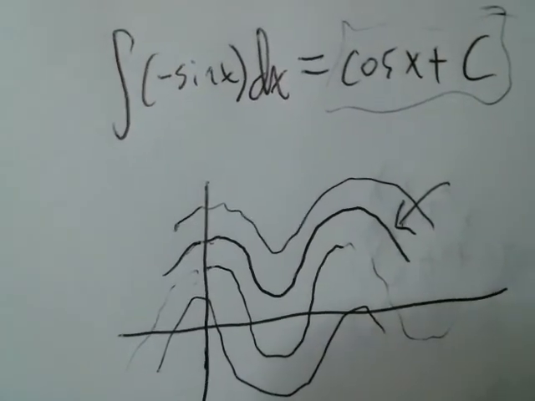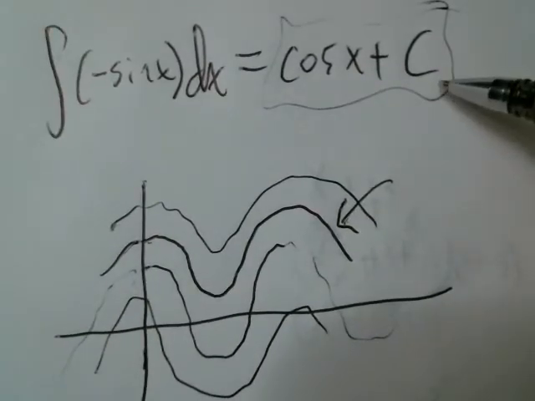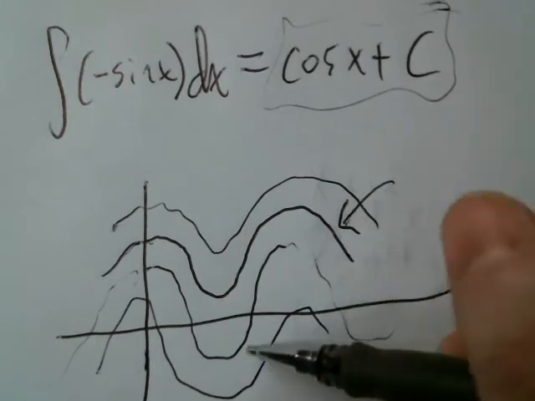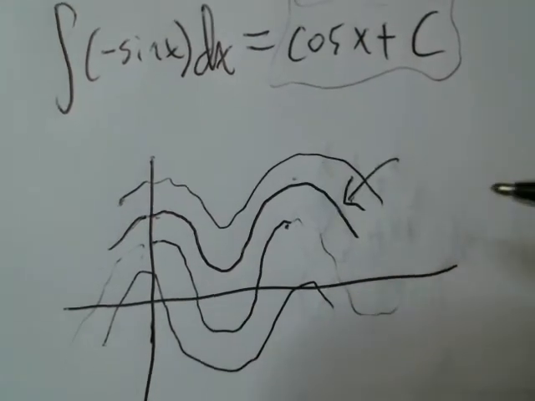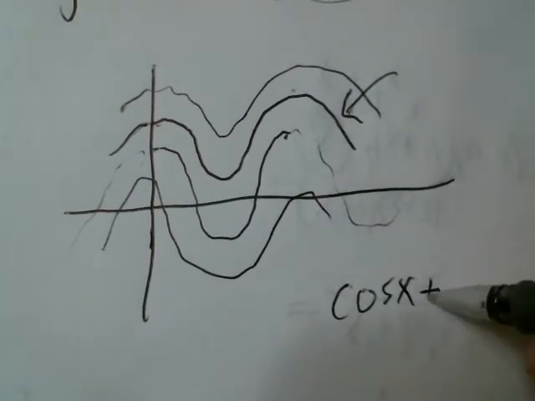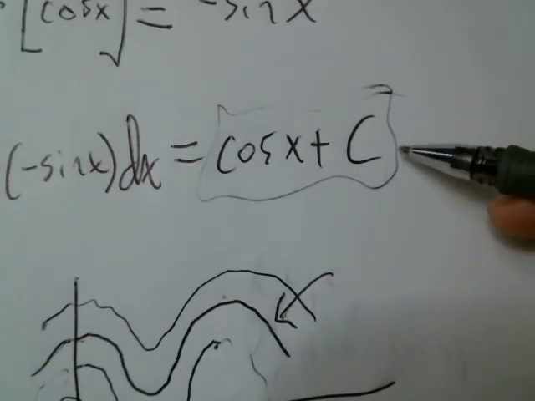Okay, and this constant c is basically kind of a way of populating all of these. So you could start with c equals 1 here, and then you would have to move up to here. So basically what I'm saying is that if I had cosine of x plus 1 plus c, that's equivalent to this thing right here.